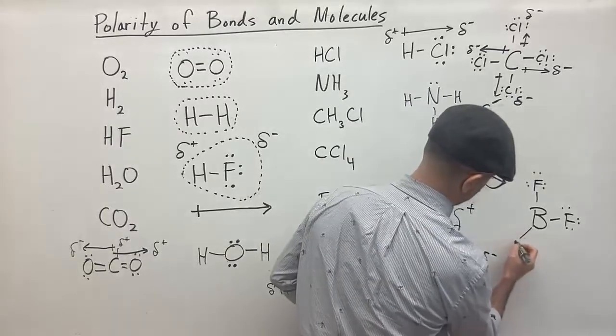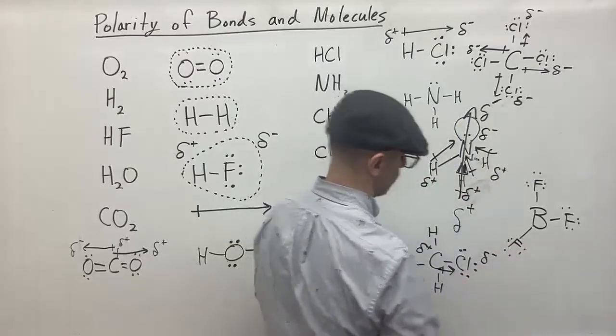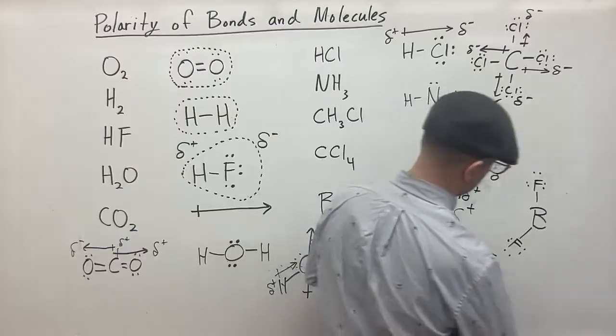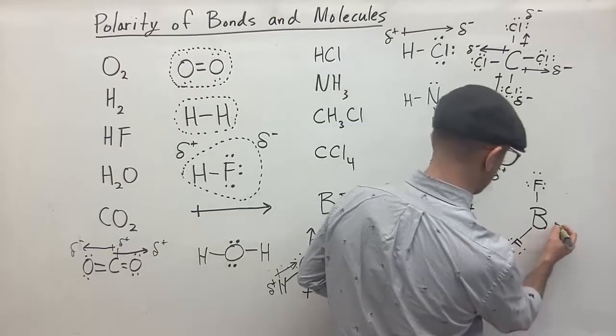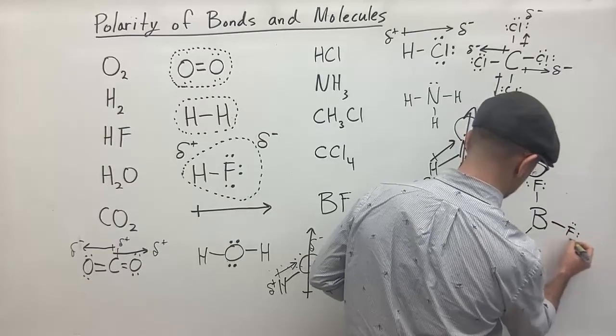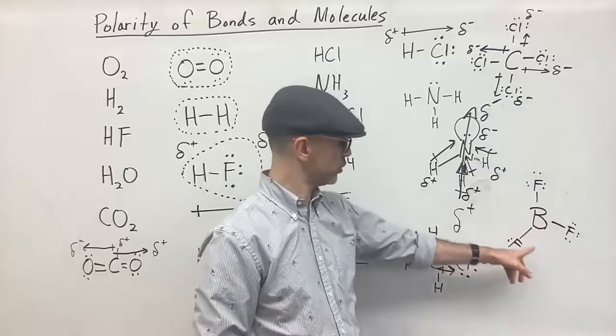So we could do this here with the fluorine like that, and maybe move this one over a little bit. So this kind of has a trigonal planar look to it now.